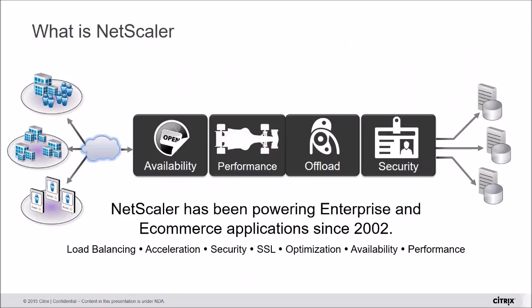So just briefly for those on the call who are not familiar with NetScaler, NetScaler has been around for over 14 years now, providing a range of features, not limited to, but including load balancing, application acceleration, a bunch of security features, SSL optimizations, high availability, and some key performance optimizations as well.